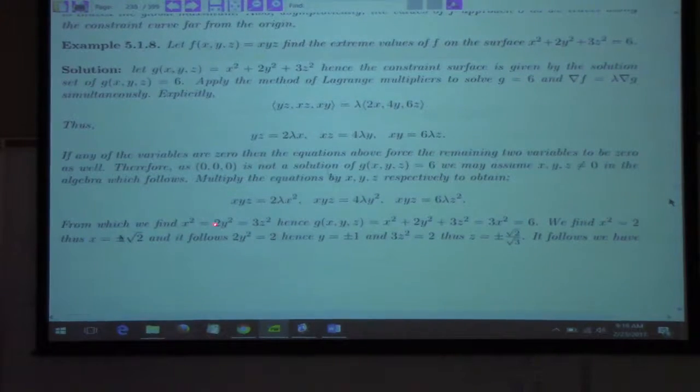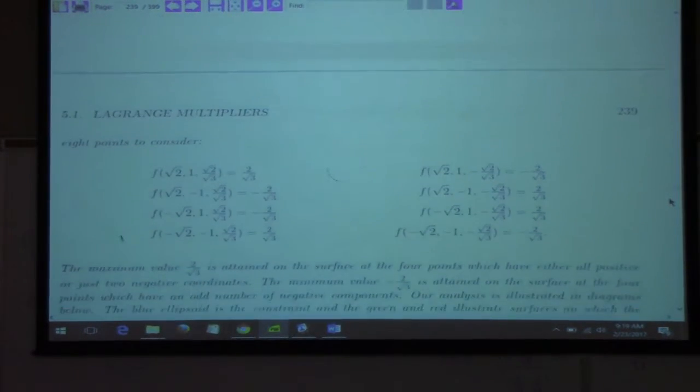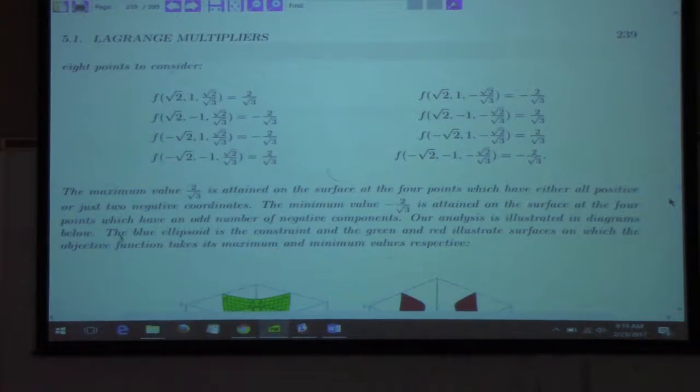But anyway, when I work through the algebra here, I get y is plus or minus 1, x is plus or minus 2, and z is that. So I get these points on the ellipsoid where we're maximized. Well, actually, I get 8 points, right? So you think about all the different sign choices.